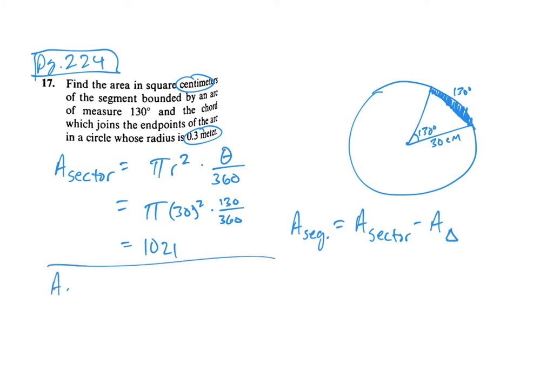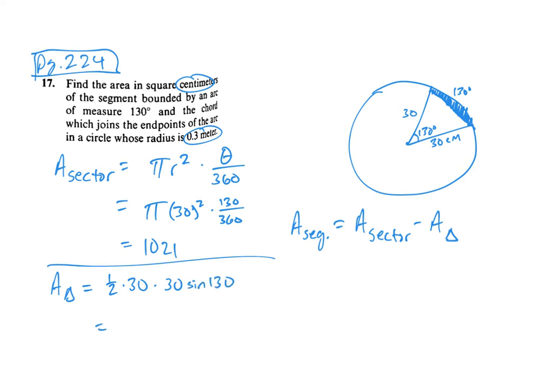Then the area of the triangle. This triangle has 2 different sides that measure the 30 centimeters because 2 of the sides are the radius. So I can use a similar triangle formula that I just used before. 1/2 times the base, which is one of the sides, times the other side times the sine of the angle.